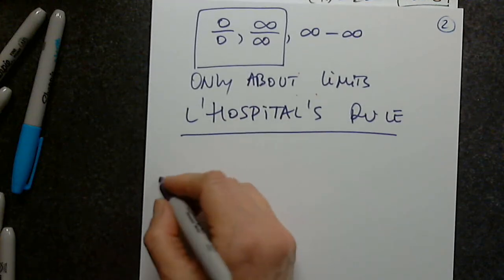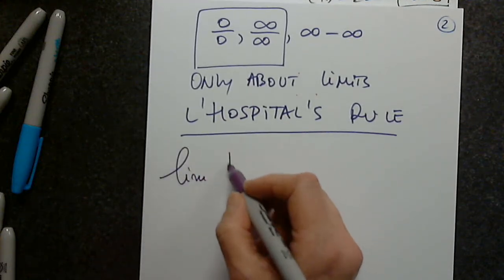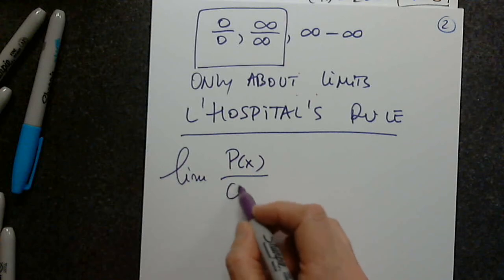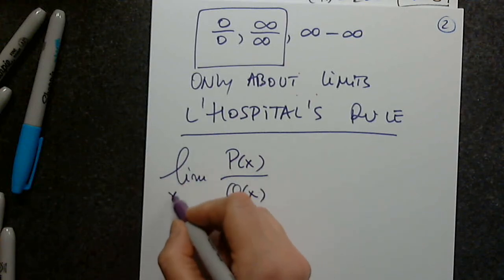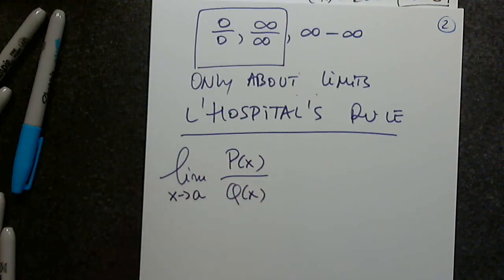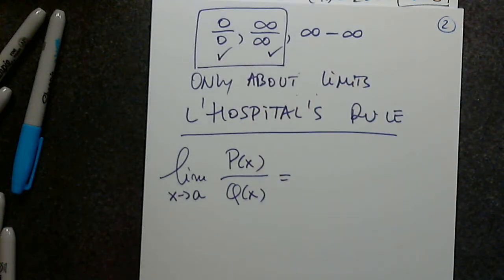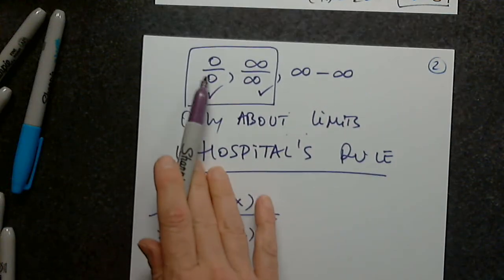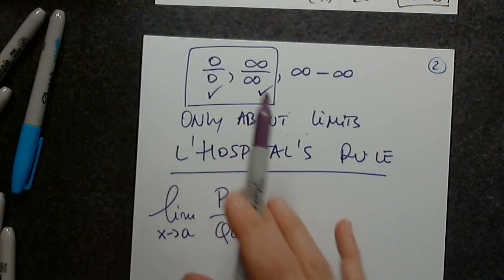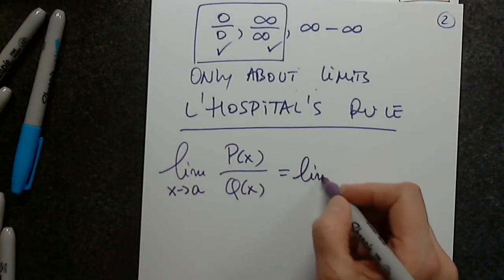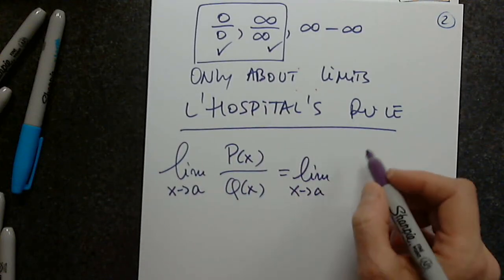He said this, that the limit of a function divided by another function when x approaches a, from one side, from the other, or from both, it doesn't matter. If it is this or this, only in the case of 0 over 0 or infinity over infinity, we are allowed to do this.